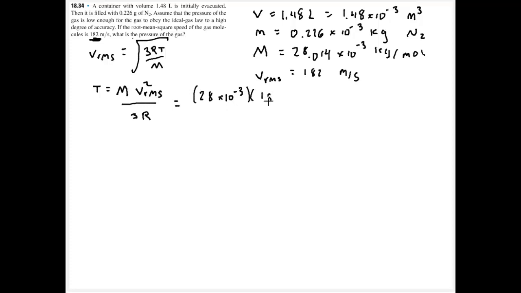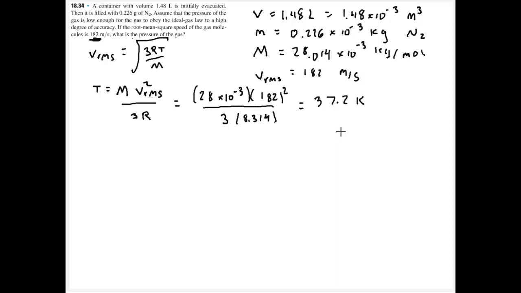Got my RMS speed, 182 squared, divided by 3, and then I'm going to have my R, 8.314 joules per mole Kelvin, and I'm going to get my temperature to be 37.2 Kelvin.